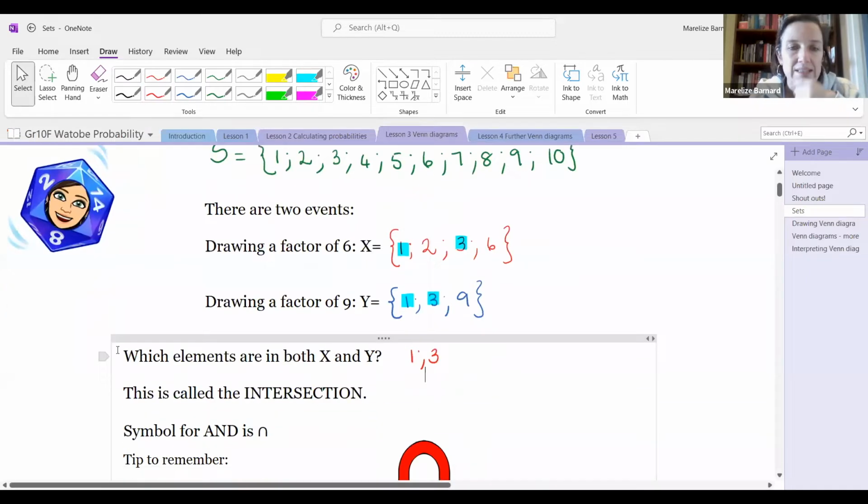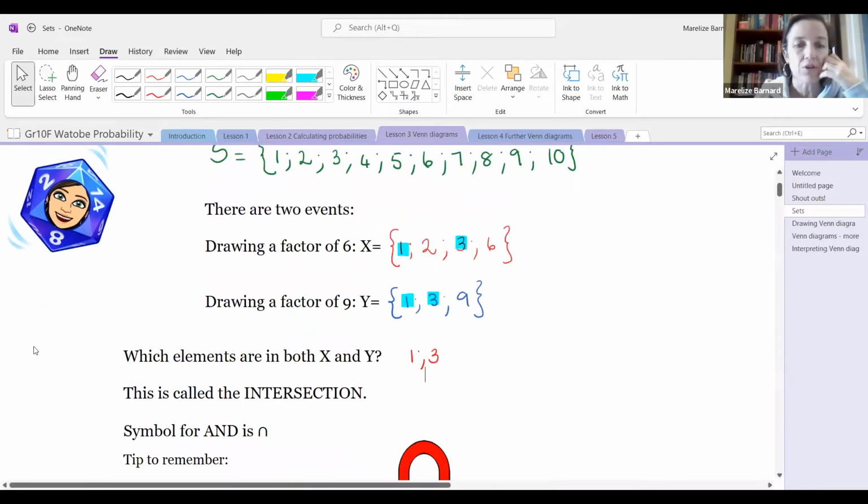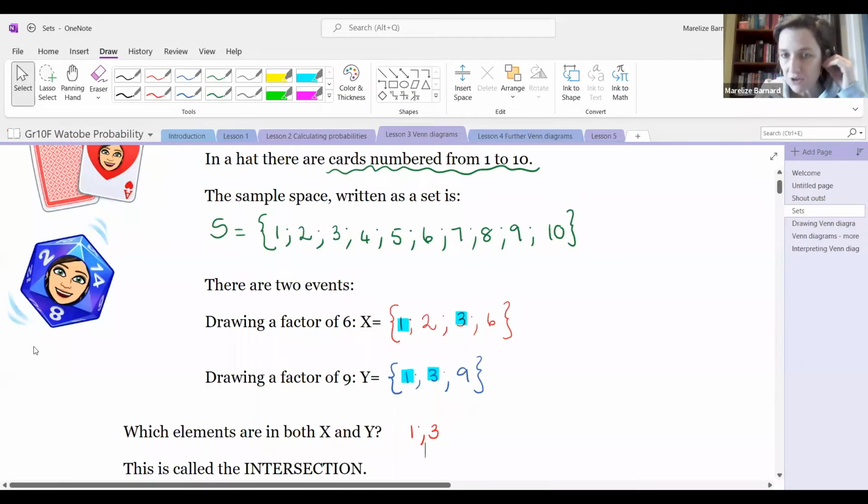Now, in probability, when we work with stuff like this, where we have two things that are the same, so we've got the numbers that are factors of 6 and the numbers that are factors of 9, and the things that are the same, this is the new word you need to learn today, if you don't know it already, we call that the intersection.